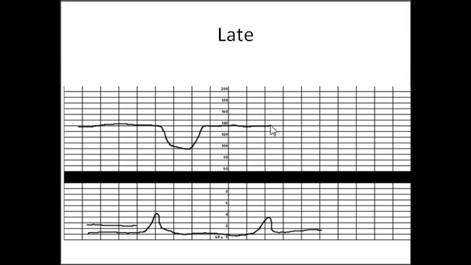Notice how we have our uterine contraction at this time, and shortly thereafter we see the deceleration, the peak of the deceleration, and it slowly returns back to normal. It's not an abrupt change, it's a very slow change, and it'll slowly return back to baseline. So we'll see it again here. Here's our uterine contraction at this time. Our fetal heart rate dips down to the nadir, and then returns back to baseline.